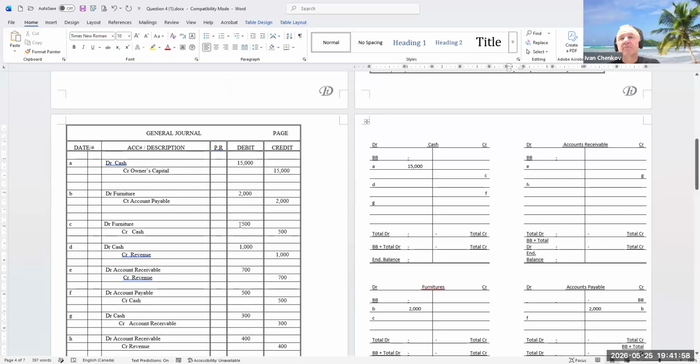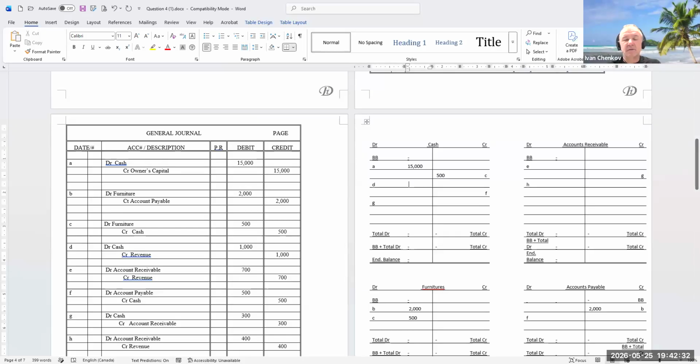Next one, we get more furnitures, debit furnitures. So let's go debit furnitures, another $500. But in this case, we pay cash, so credit cash. Let's go credit cash, $500 on letter C. Now letter D is cash, we get cash, $1,000.